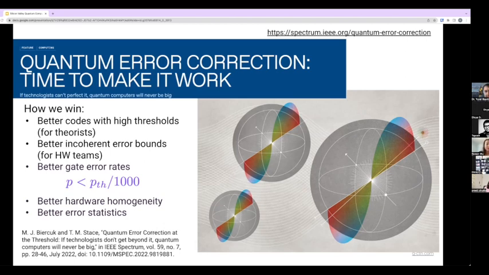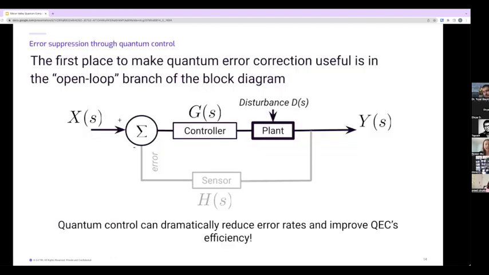But one of the specific areas that we're looking towards, that we can actually act upon today, is taking quantum error correction and looking at it as a form of feedback control. So at its simplest form, quantum error correction is very similar to a typical type of quantum control theory.